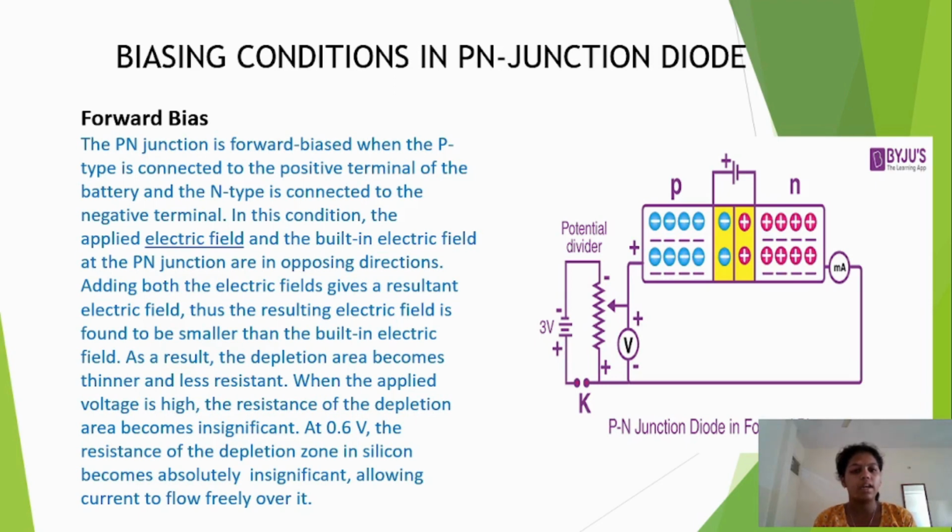Thus, the resulting electric field is found to be smaller than the built-in electric field. As a result, the depletion area becomes thinner and less resistant. When the applied voltage is high, the resistance of the depletion area becomes insignificant. At 0.6 volt, the resistance of the depletion zone in silicon becomes absolutely insignificant, allowing current to flow freely over it.